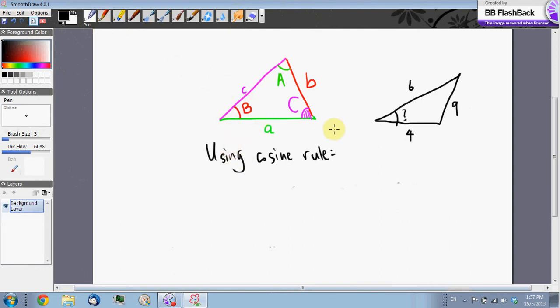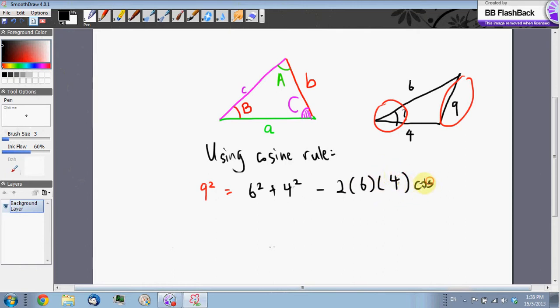So remember, if this is the angle in question, this is the opposite side. So we have 9 squared equals 6 squared plus 4 squared minus 2 times 6 times 4 cosine this, which I'll put as x.